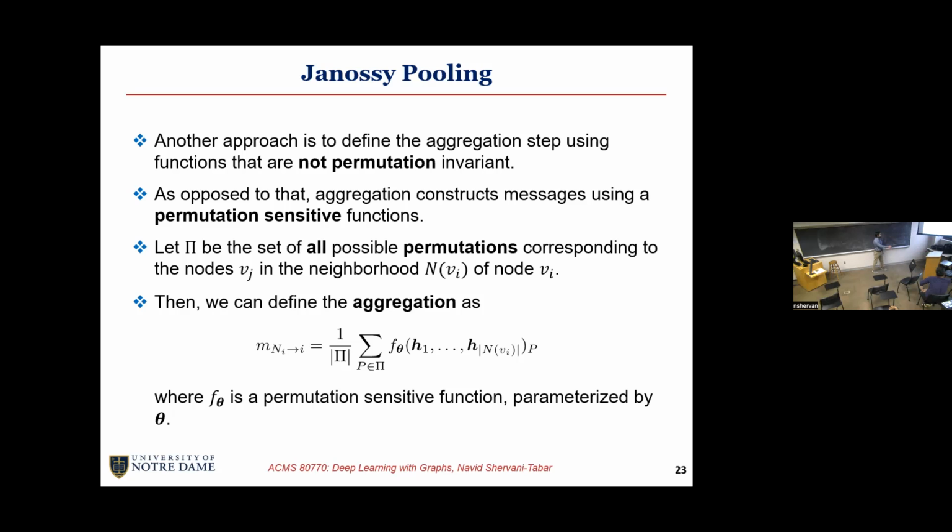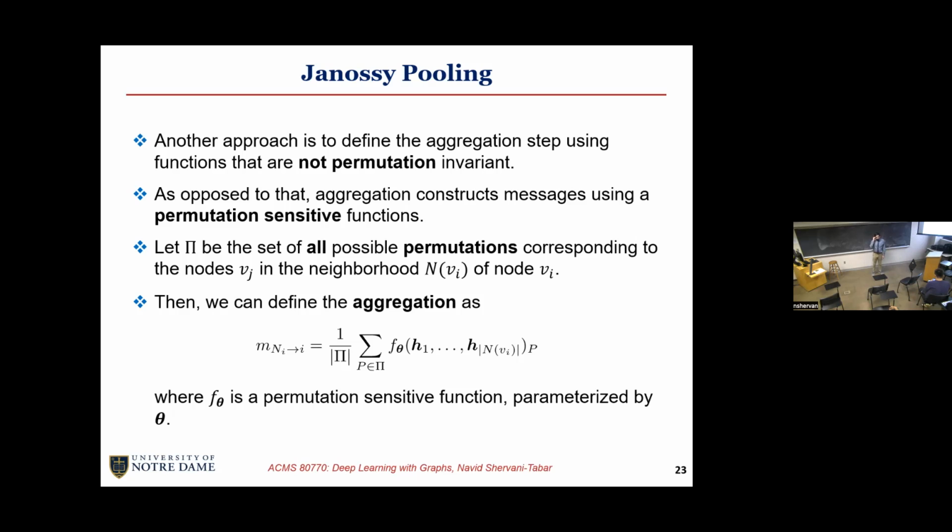Then this function f theta returns some message, and then we go over all possible permutations p that we can have. So I try different orders of these embeddings, I pass them to f theta, and then I sum over all of those, and I divide them by the total number of different permutations that I have. Then that will give me a message that I can use.